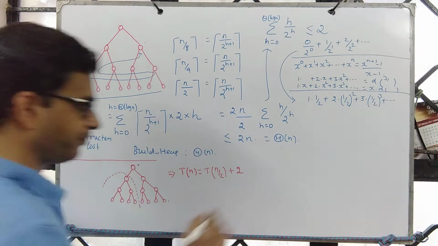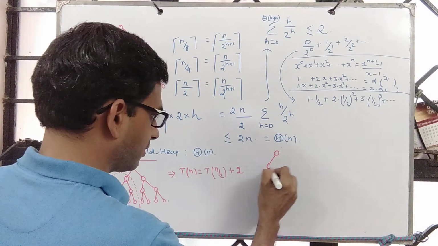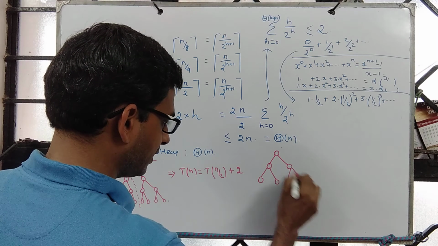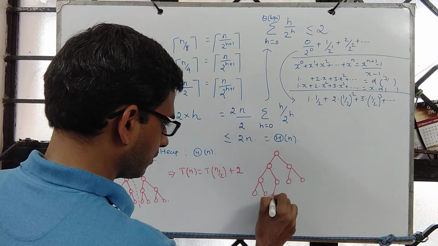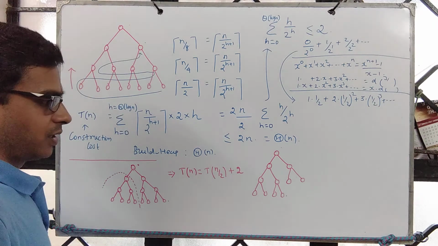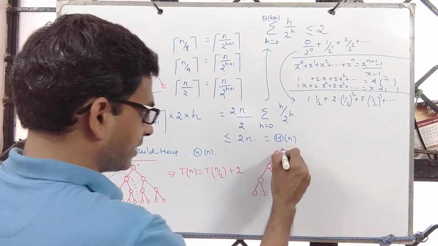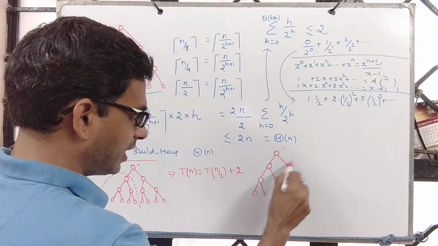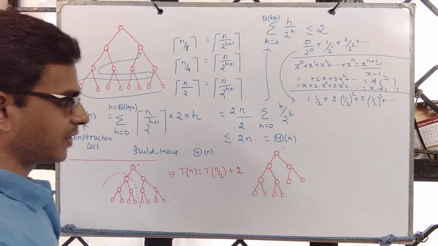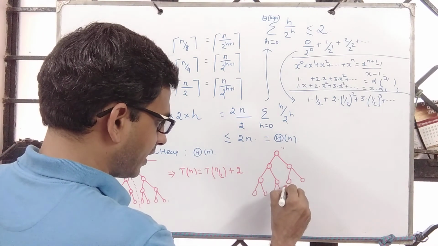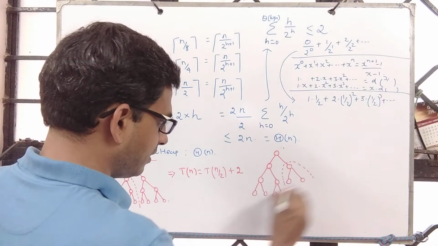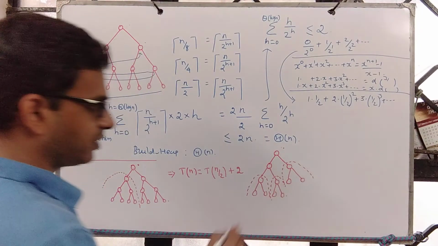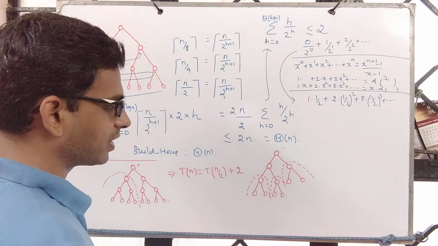This is one picture. What about the other picture? What if the tree is something like this? Now there is a violation. Now one can get into this subtree or this subtree. You can look at it this way, roughly this one and this one. They are all having a similar structure, right?